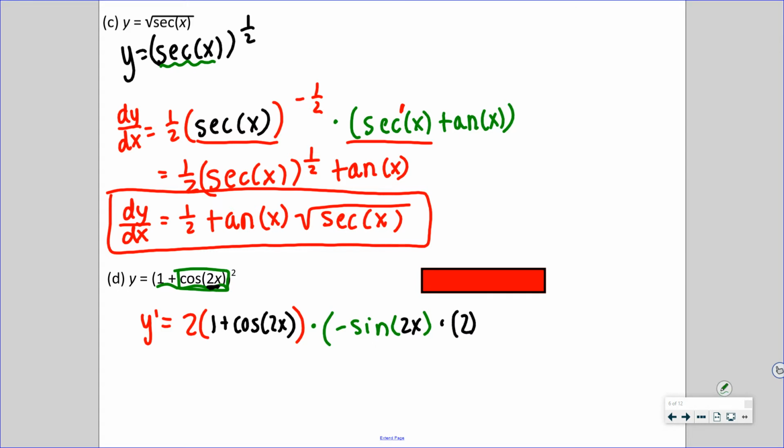Ooh, quite a few links on that chain rule. The only thing I would do to simplify this: we've got 2 times 2 and times negative 1, so I'd write that as negative 4 sine of 2x, and then just leave that as 1 plus cosine of 2x.